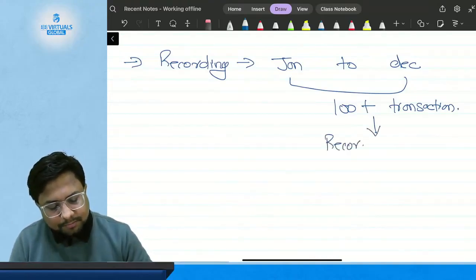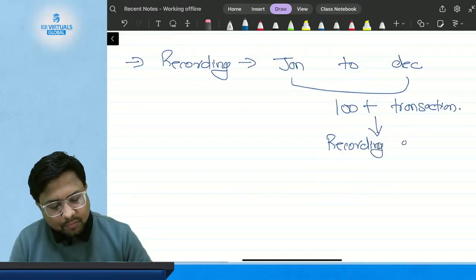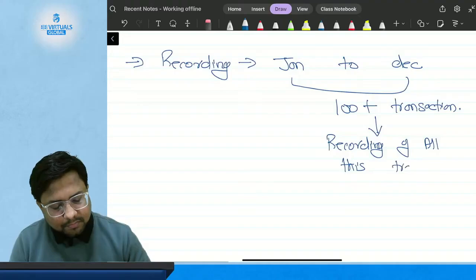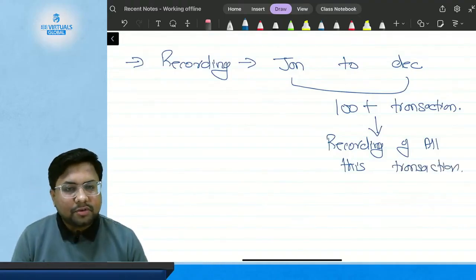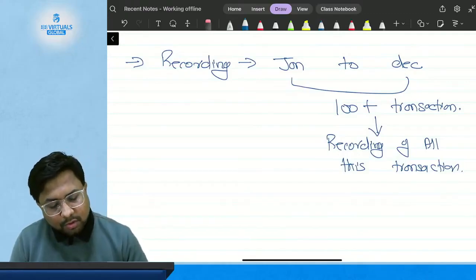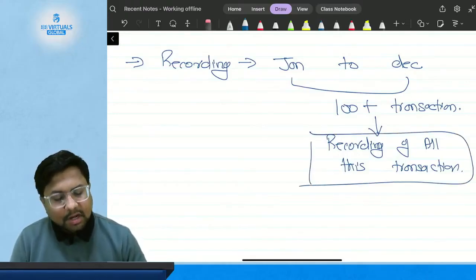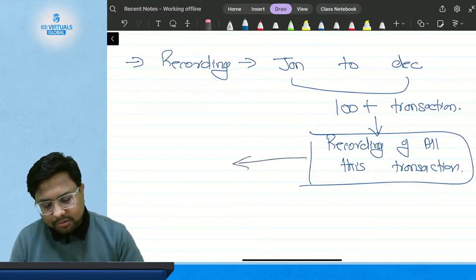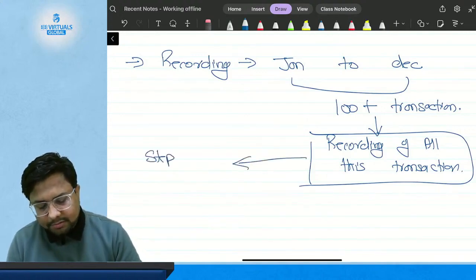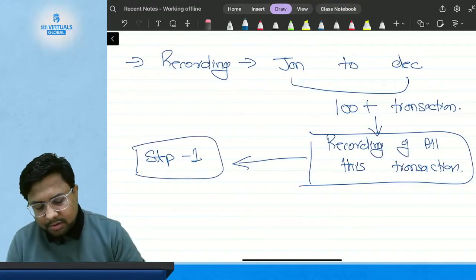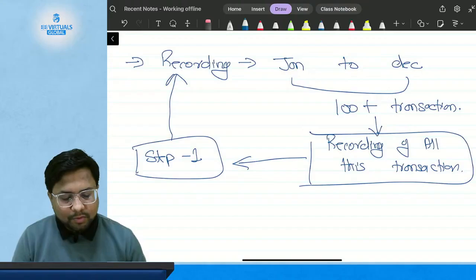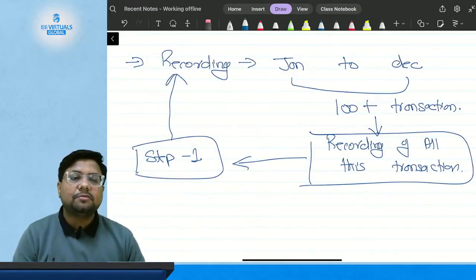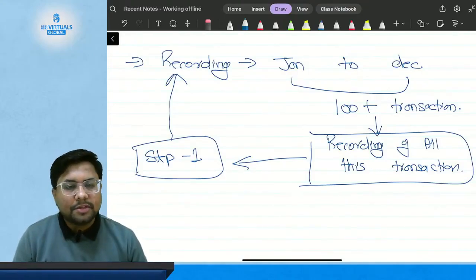Recording of all these transactions is my very first step towards financial reporting. That is called recording.